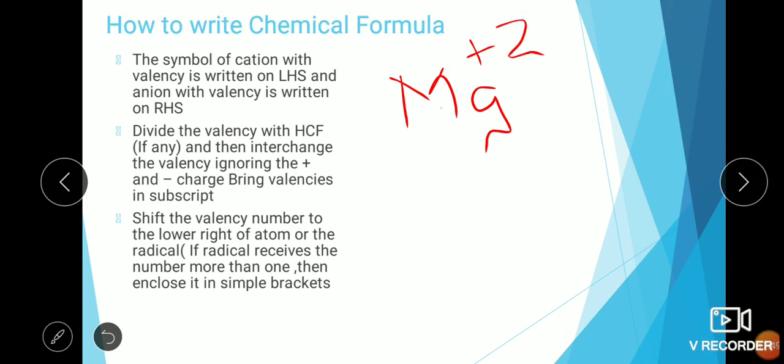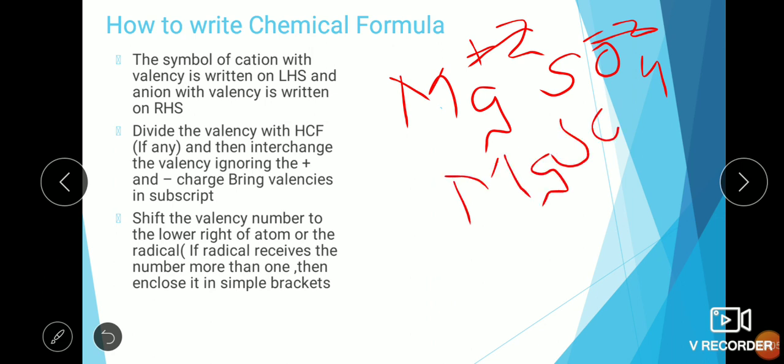At the same time we have to mug up this sulfate ion for some days. Again it will come to you with practice. So here I have plus 2 and minus 2, so I can cancel it. So the formula will become MgSO4.